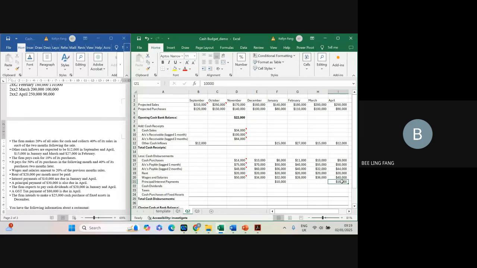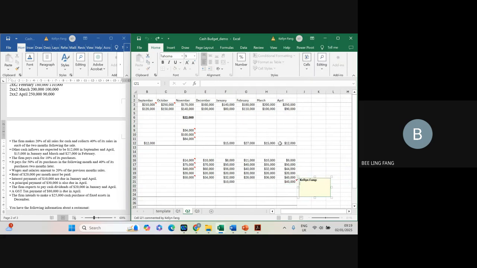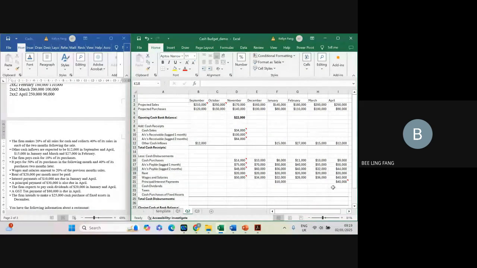That means this one you plus 30,000, so it becomes 40,000. Okay, so I put a note here. This one you pay principal plus interest. That's why you have to pay 40,000 for April.